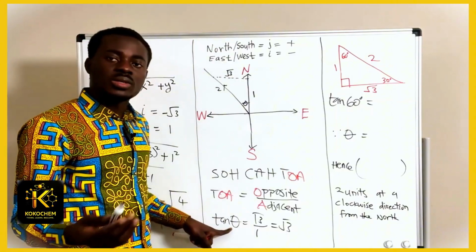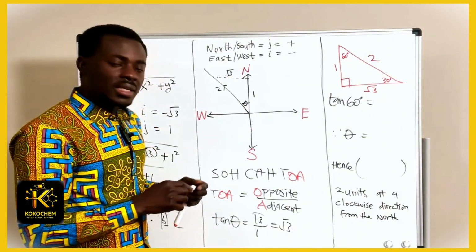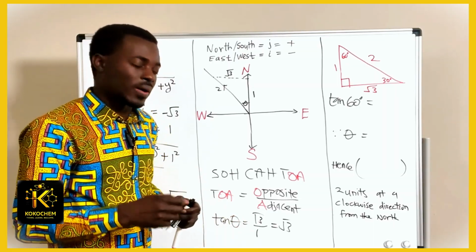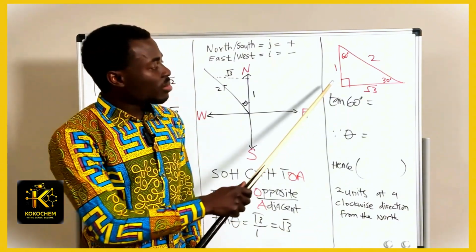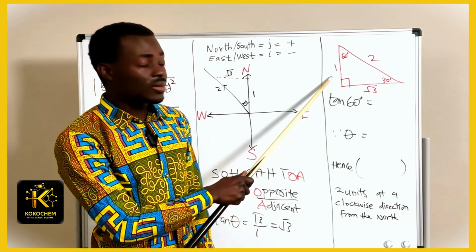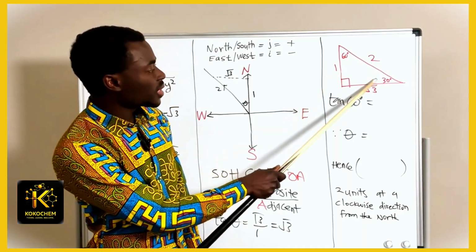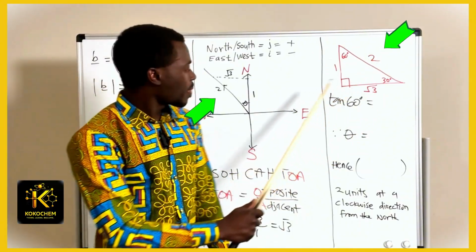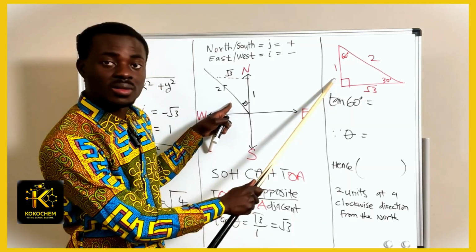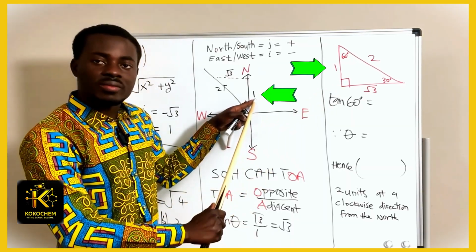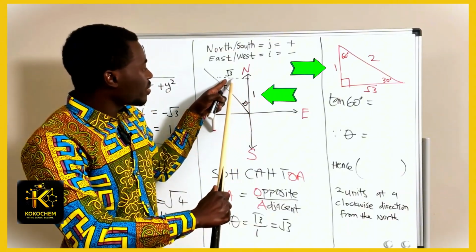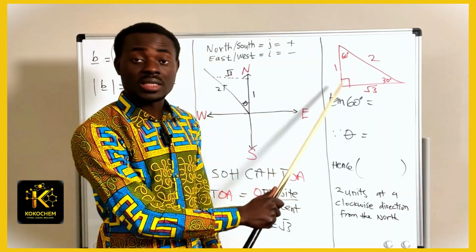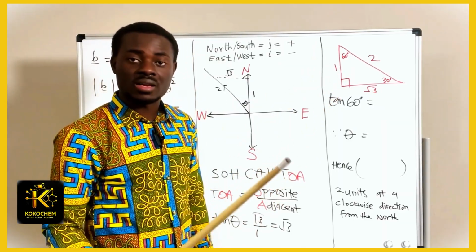To find the value of theta you would normally need a calculator, but in the National Science and Math Quiz you may not have one. Here it is a special right angle triangle with angles 60 degrees, 30 degrees and 90 degrees. The hypotenuse is 2, the vertical side is 1 and the horizontal side is root 3, the same as our vector. So this triangle helps us get theta.